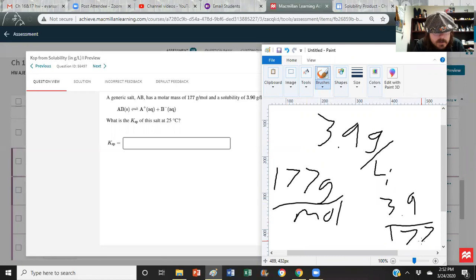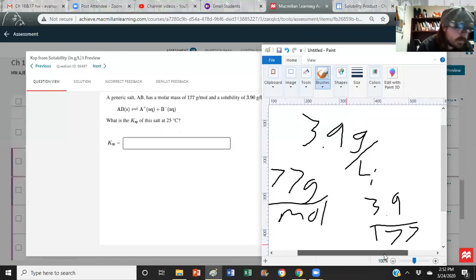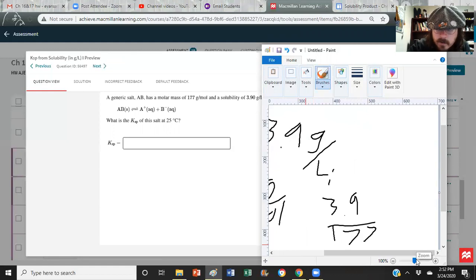3.9 divided by 177. So in that particular problem, I would have a concentration of 0.022 moles per liter.